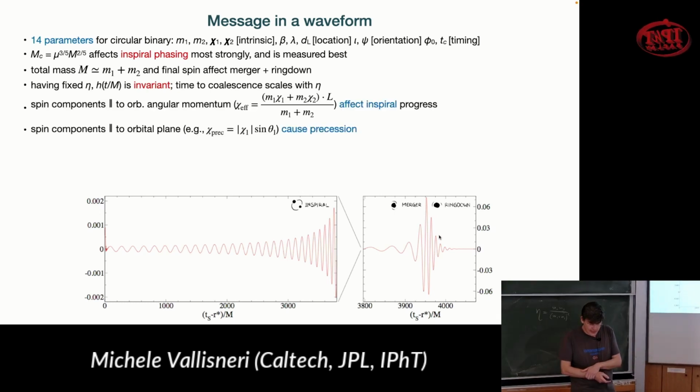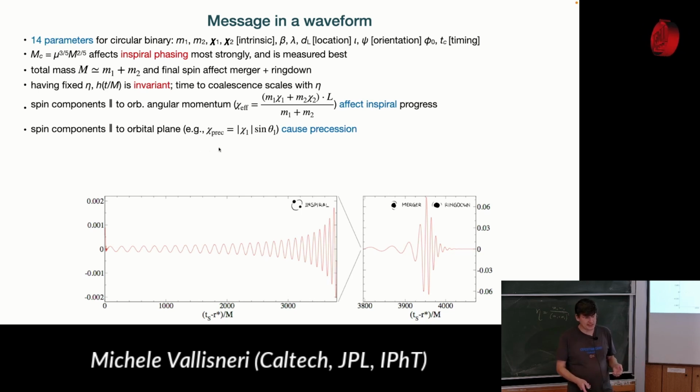Now, spin components, there are 6, as we saw, but there are 2 combinations that really affect the waveform most strongly. There's a parallel component, the component that's parallel to the orbital angular momentum, and it comes in weighted by the masses, and you see dotted into the total angular momentum. This comes at leading order into the orbital energy, right? It's a nonlinear effect in GR that changes the speed and the progress of the inspiral.